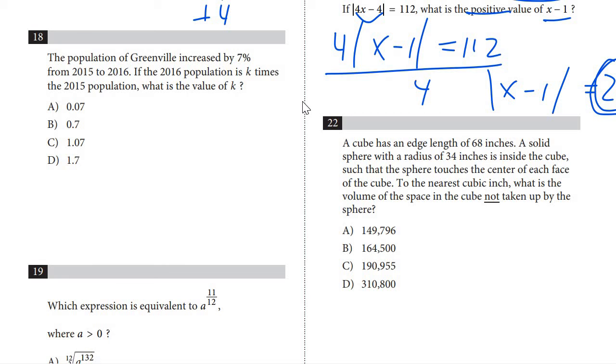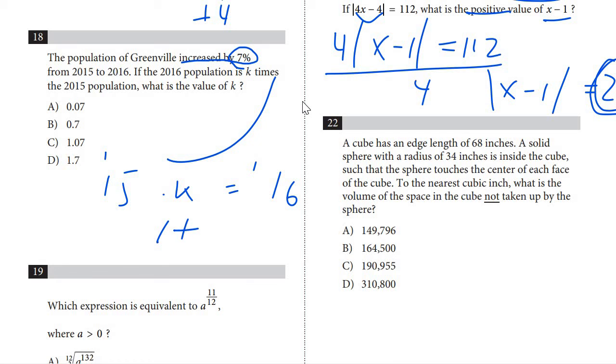So what do we have here? Population increases by 7%. That means we again have exponential growth from 15 to 16. If the 16 population is k times the 15 population, so 15 population times k is going to be the 16 population. That is definitely exponential growth, and the growth factor k is always computed by doing 1 plus r.